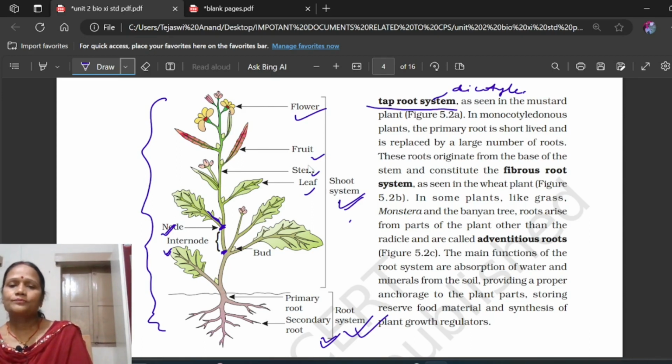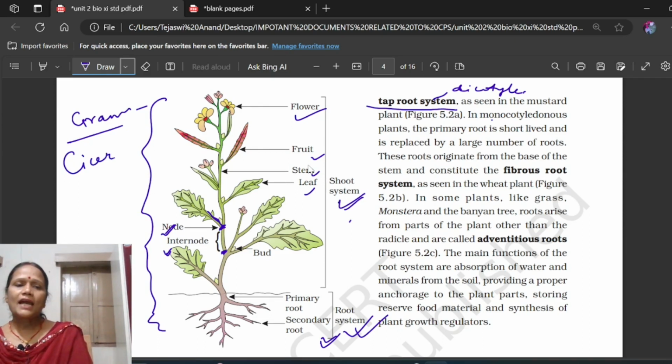You have to learn, and I will help you in knowing about the different names also, which are very important. Like gram, what is the scientific name of gram? You should know, Cicer arietinum. In the same fashion, what is the scientific name of moong?